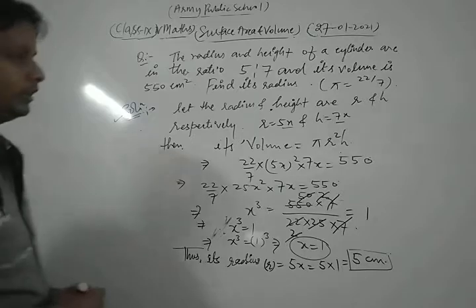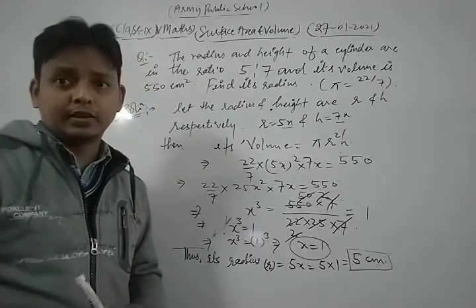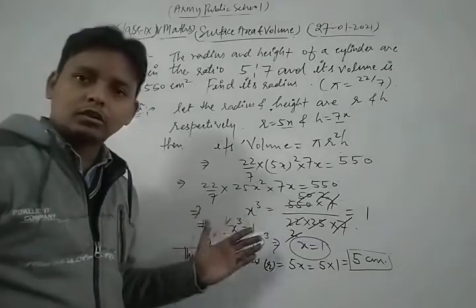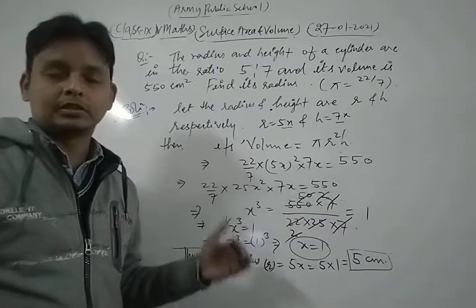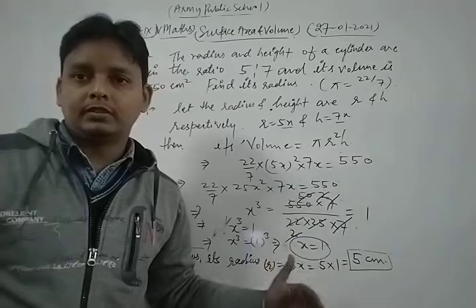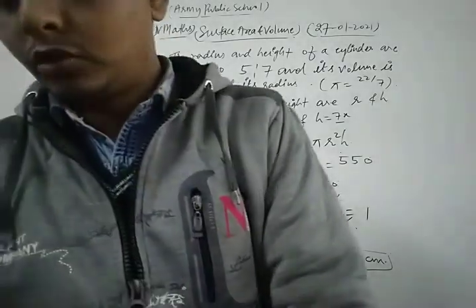Okay dear students, in this way you can solve that type of question. This is one of the most important questions of your syllabus. Now in this way we are going to solve some important questions based on cylinder. Now we take some questions based on cone also.